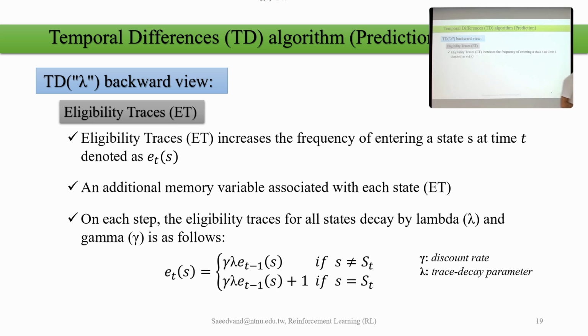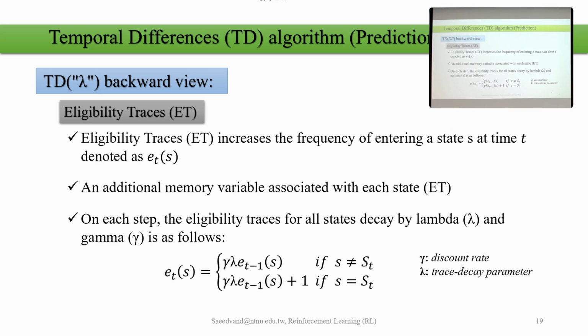So we show eligibility trace as E_t(S). And of course, we need to declare more variables to do that, so we are using a little bit more memory to save them. On each one of the steps, the eligibility trace for all states decays by lambda and gamma, calculated as you can see over here.